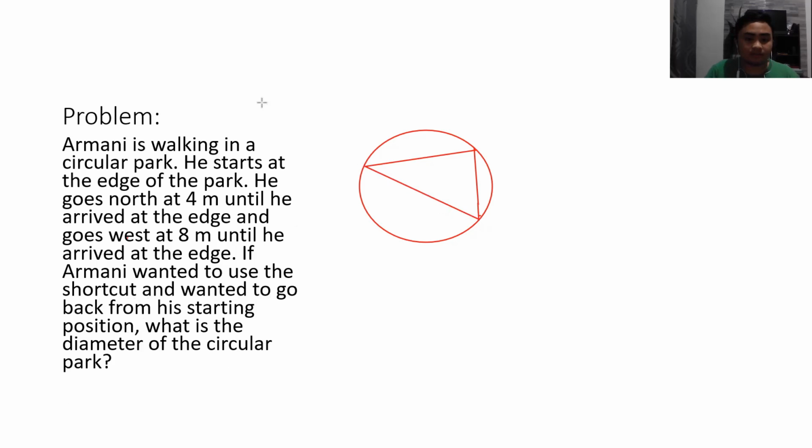So, the given. Let's take for example that this circle is circle A. There. And then these points are, so how are we going to solve that? In circle A, he goes north at 4 meters.